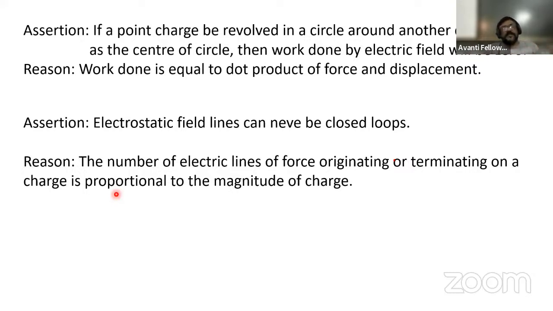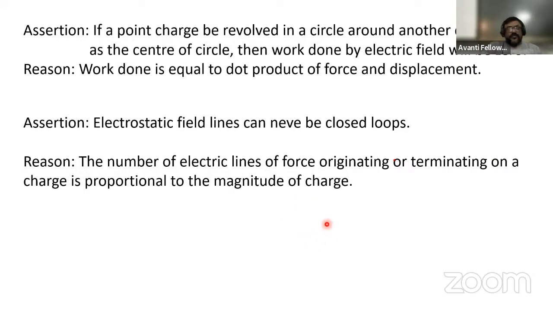So the relative closeness of field lines gives you an idea about how strong the field is. Again, we know the expression for the electric field due to a point charge.